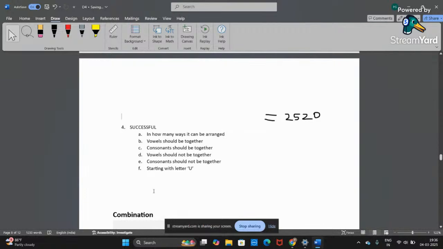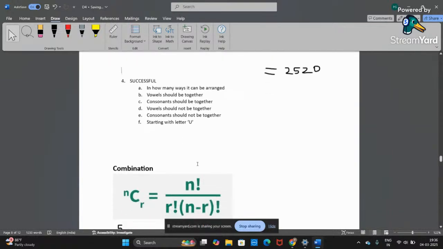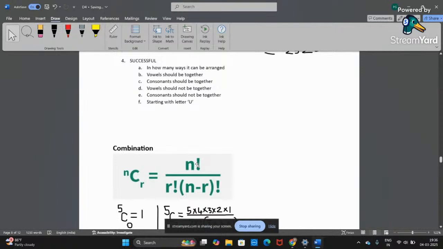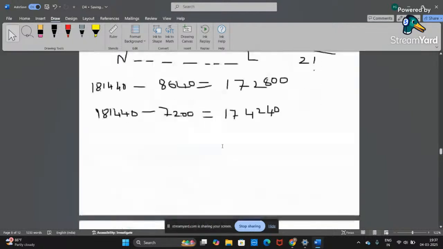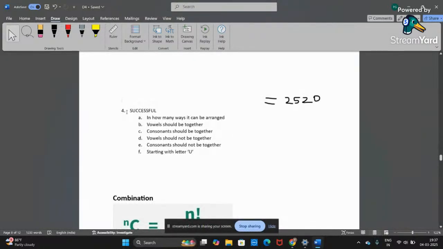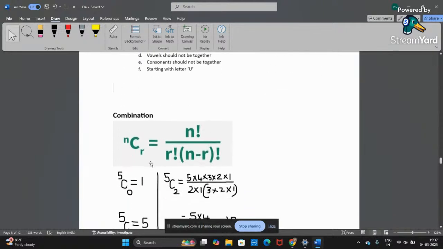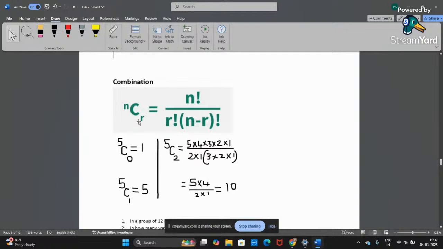Okay. Now let's move on to combination. For combination, this is the formula. nCr equals n factorial by r factorial into n minus r factorial.